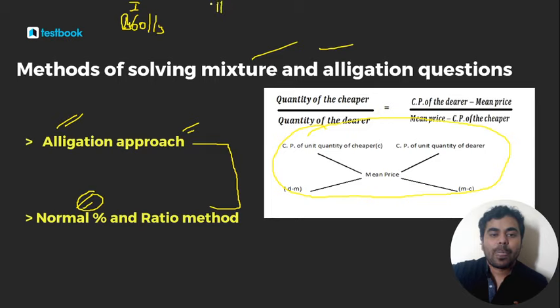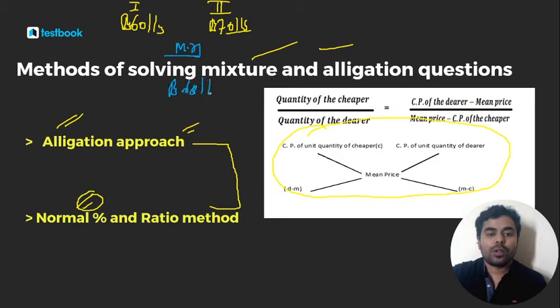The second variety is worth 70 rupees per kilogram. Now someone asks in what ratio these two types of rice must be mixed to get a mixture worth 68 rupees per kilogram.